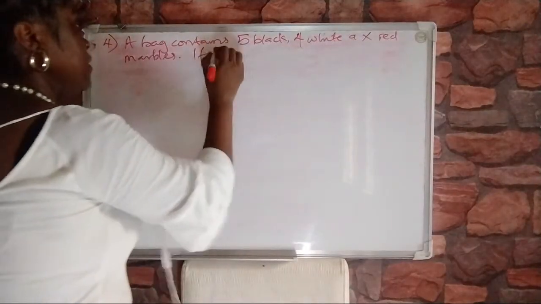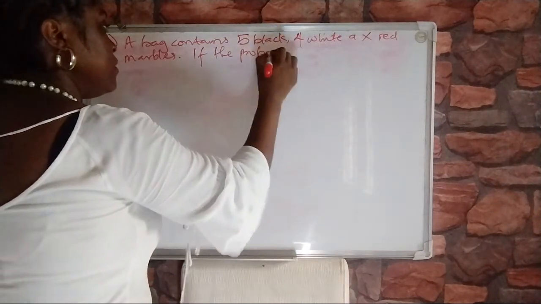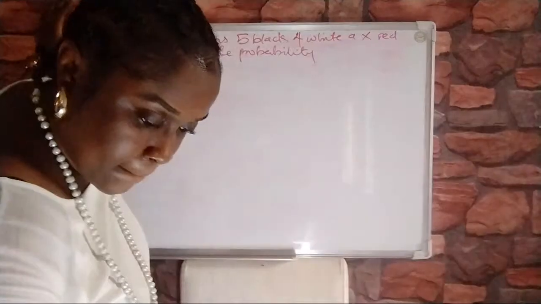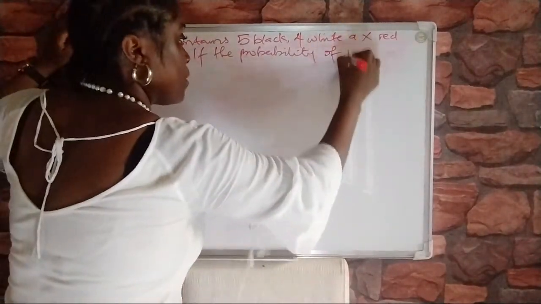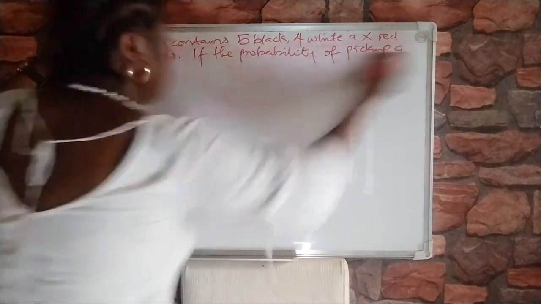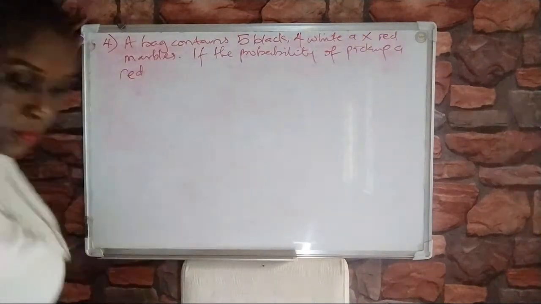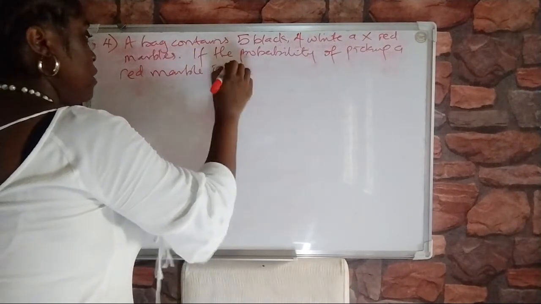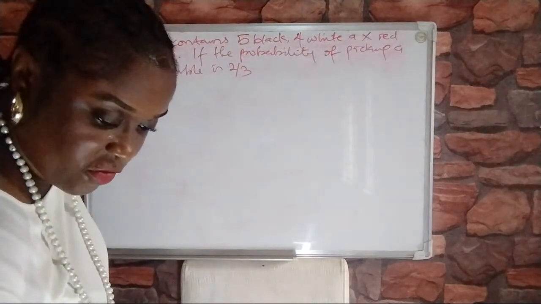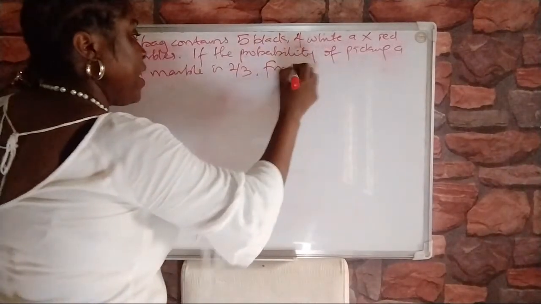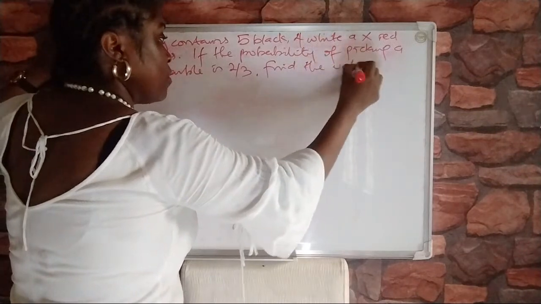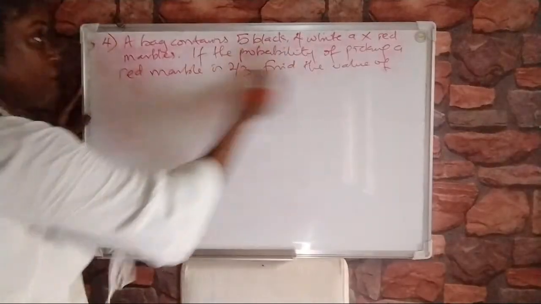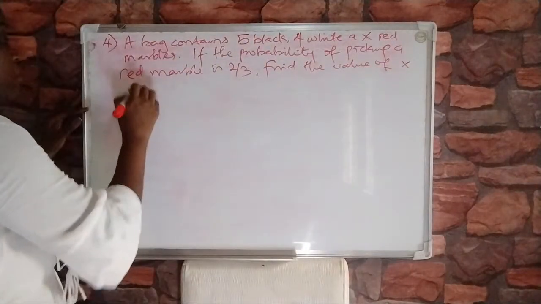If the probability of picking a red marble is 2 over 3, find the value of X. Okay?